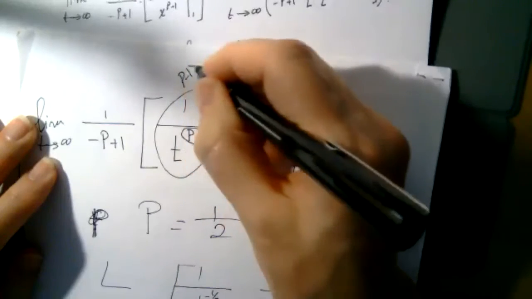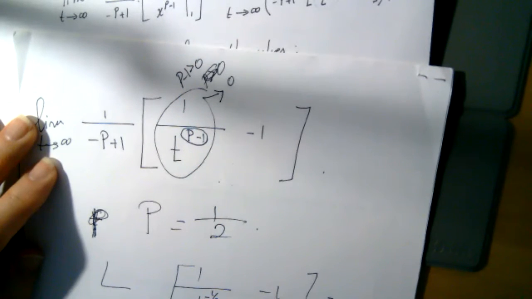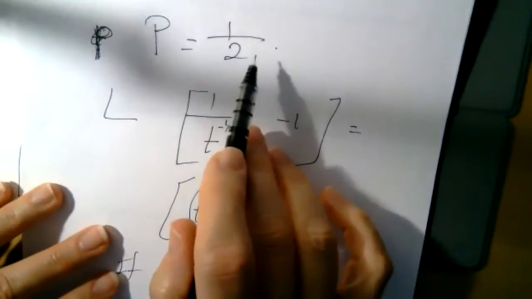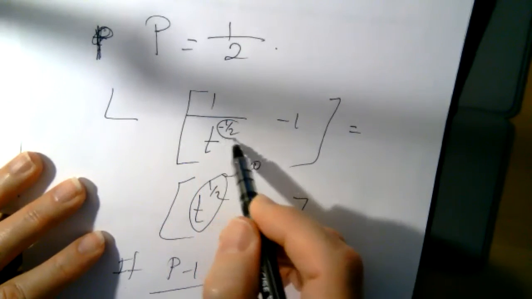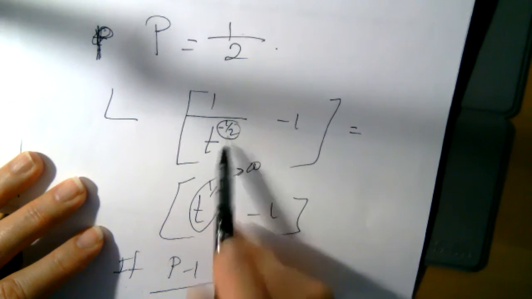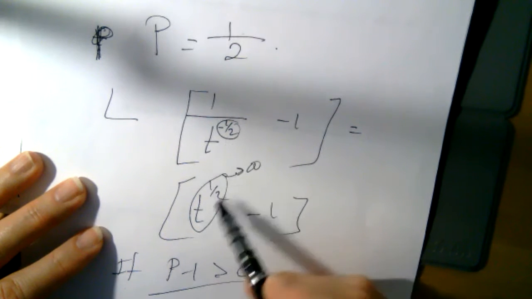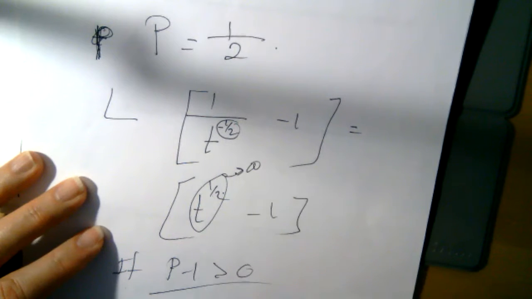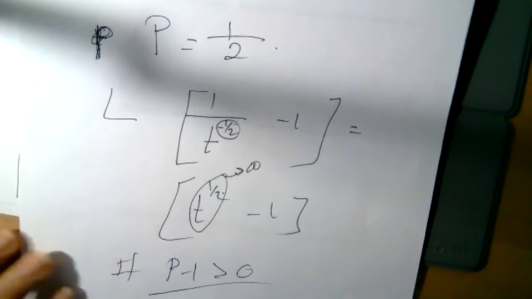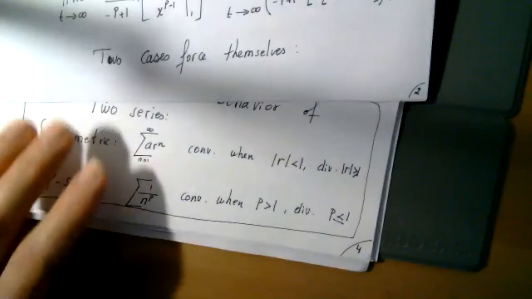If p minus 1 is positive, it will go to 0. What if p minus 1 is negative? When I took p equal a half, the p minus 1 became negative. If the power here is negative, when I bring it up, it's going to become positive, and the term will go to infinity.